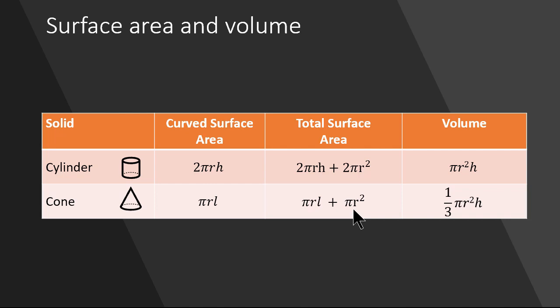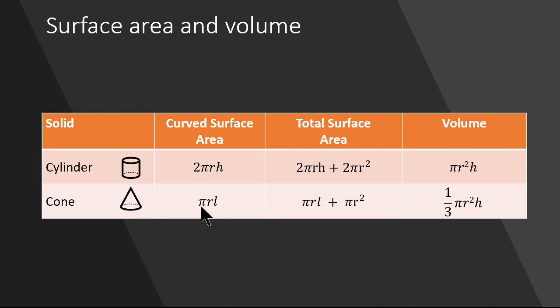The easy way to remember this is: the cylinder curved surface area is circumference multiplied by height. Cylinder volume is base area multiplied by height. Cylinder total surface area is curved surface area plus base area plus top area. Cone volume is 1/3 cylinder volume.